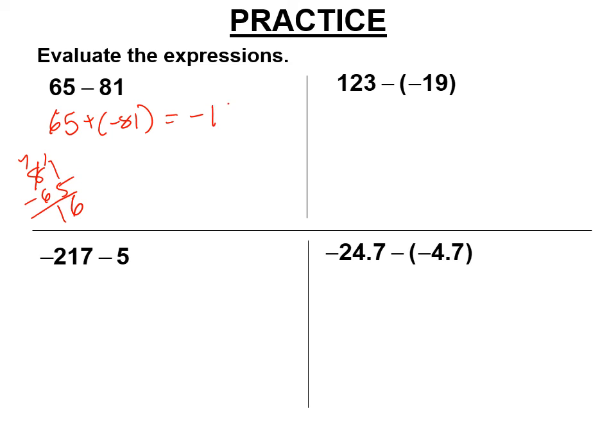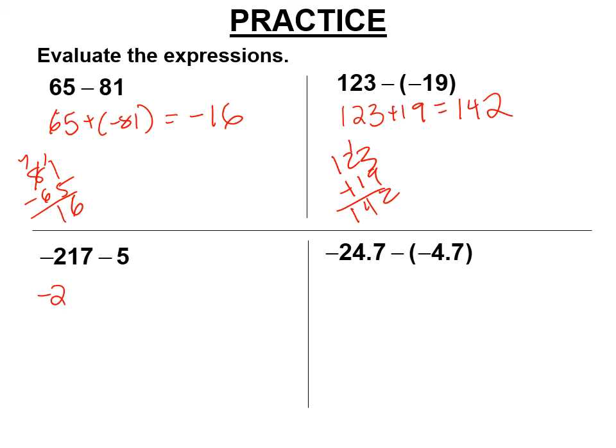And so this is negative 16. Right, 217 plus 5 is 222, but there are 222 negatives there.